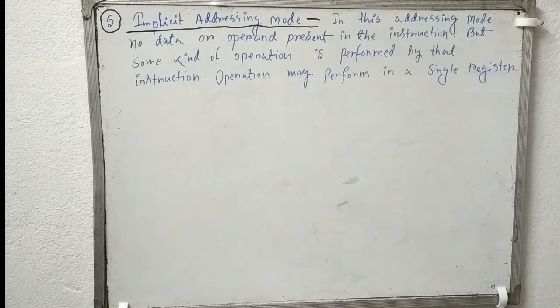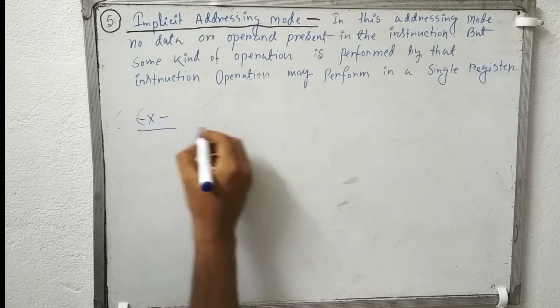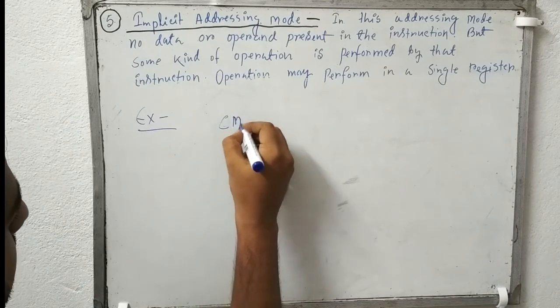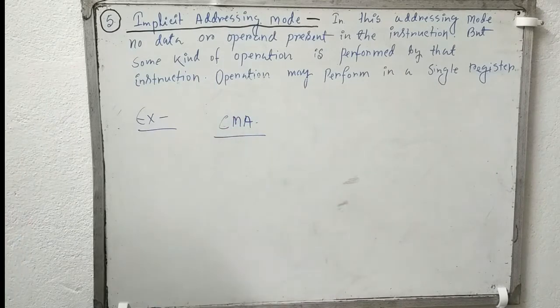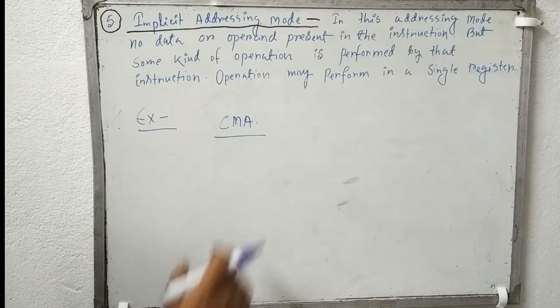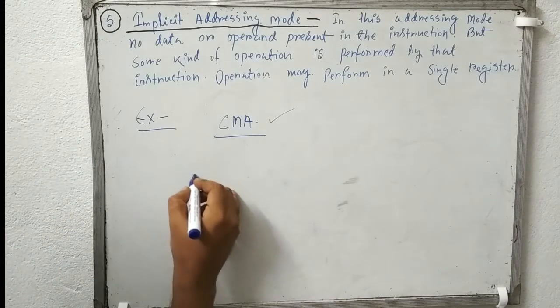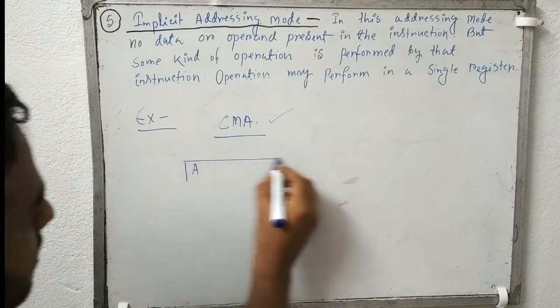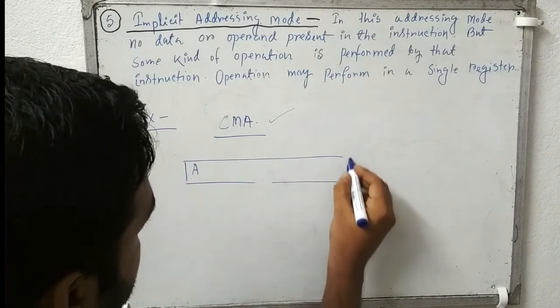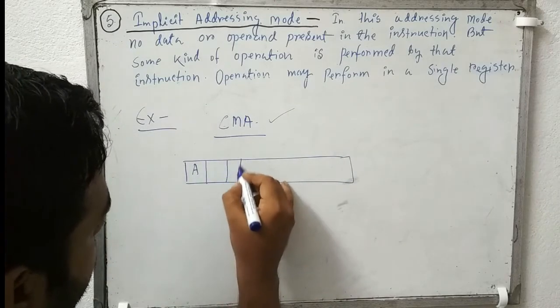Let's first take an example. Complement accumulator. This is an implicit kind of addressing mode. What does it mean? Suppose this is the accumulator and 1 byte is stored here.